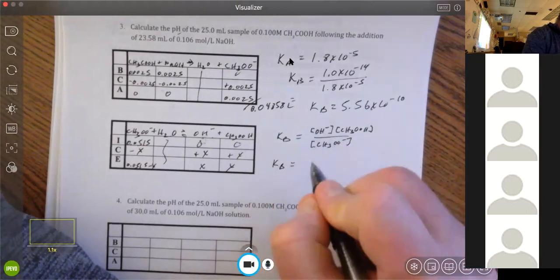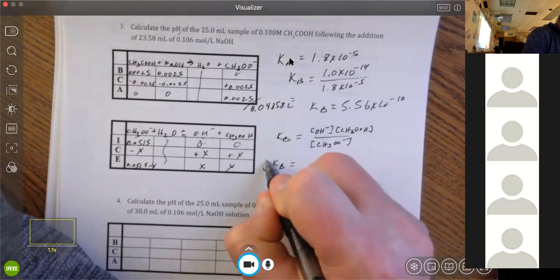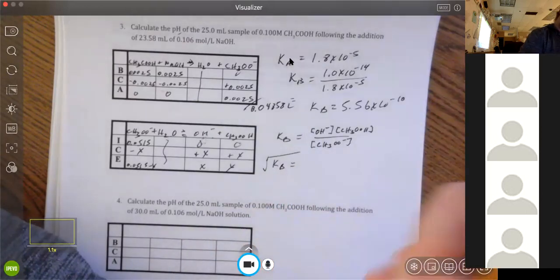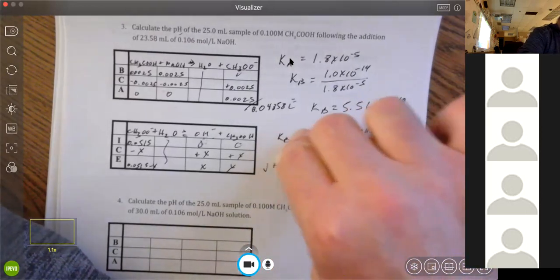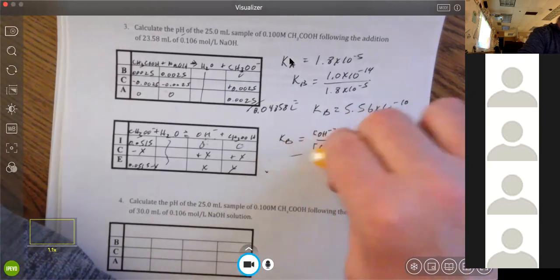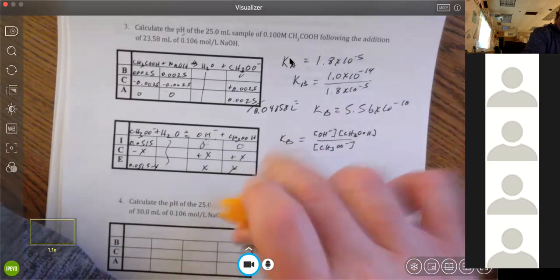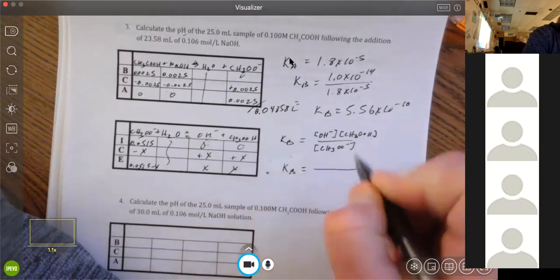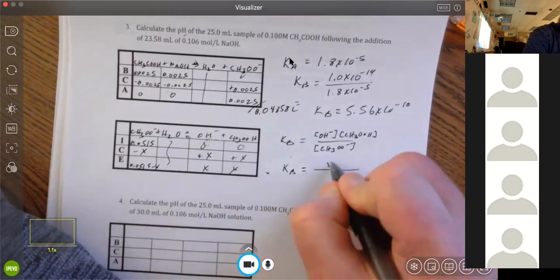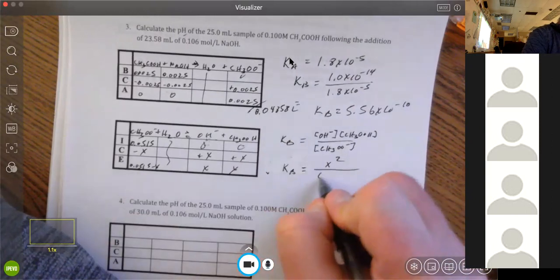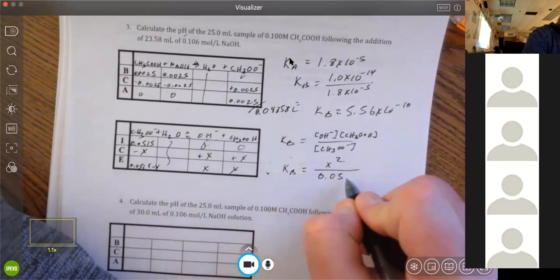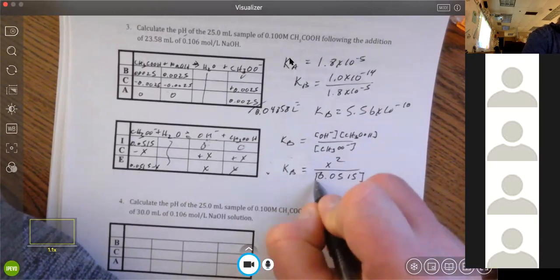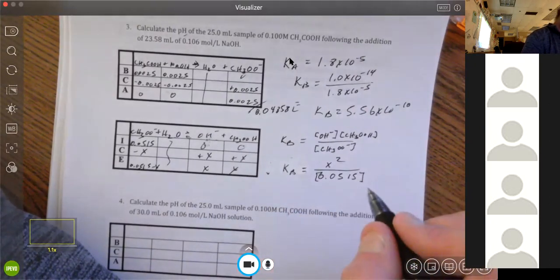So with this, now we can plug these numbers in, but you guys have seen this before. Maybe I don't want to do that. Maybe that'll cause too much confusion right away. I'm going to go ahead and write it all the way out just because I don't want any confusion. So the Kb equals X squared over 0.0515 minus X. The X is negligible.